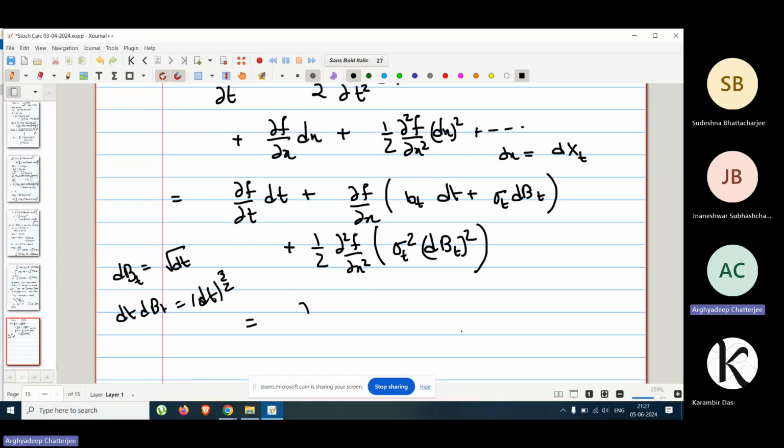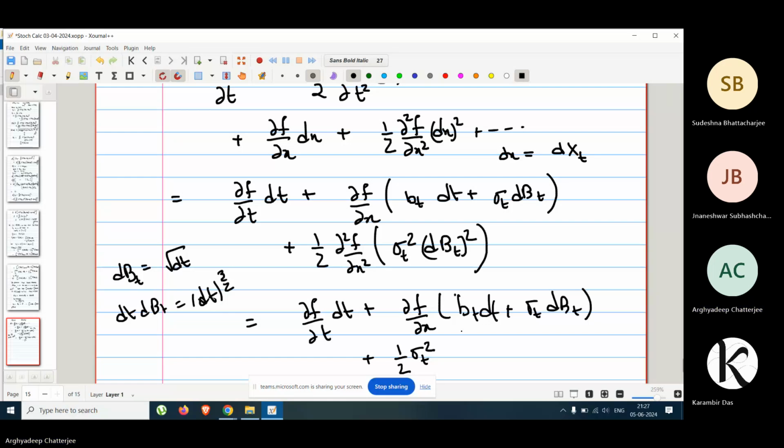So we should get del f del t dt plus del f del x bt dt plus sigma t dbt plus half sigma t squared d2f dx2 dt.